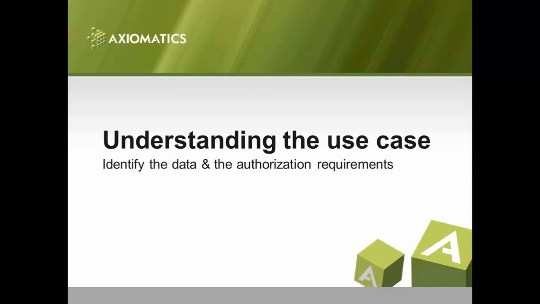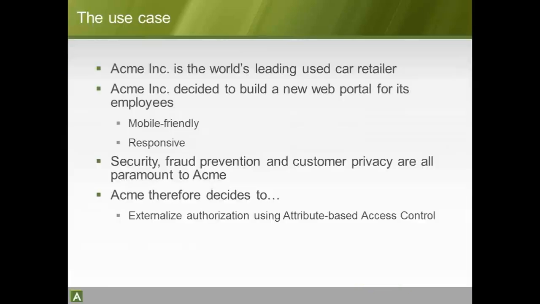So first we're going to talk a little bit more about the use case and identify some of the data and the different authorization rules that we want to implement for this demo. So this is Acme Incorporated. It's a tremendous used car retailer company, the world's best, of course. They've decided to build a new web portal for sales and other employees to use. It'll be mobile friendly.